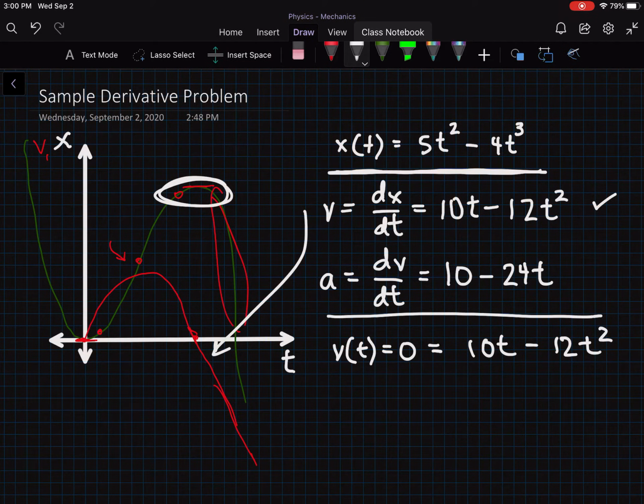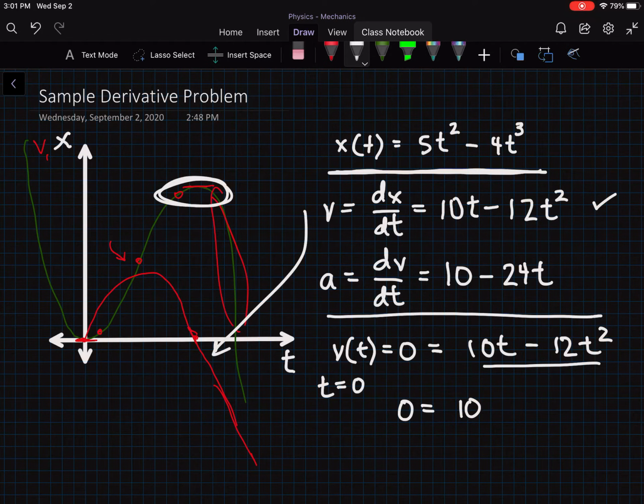And we're going to come up with two solutions to this. When we divide both sides by t, we can eliminate a factor of t on the right side. But of course, that means that one of the solutions to this equation is t equals 0. And the other solution we can get by just taking it a step farther.